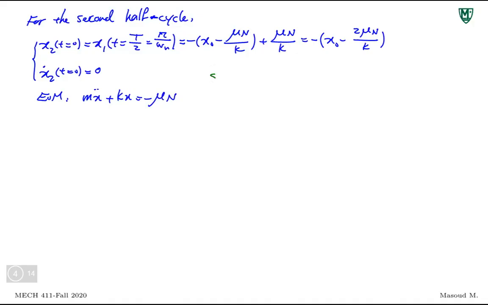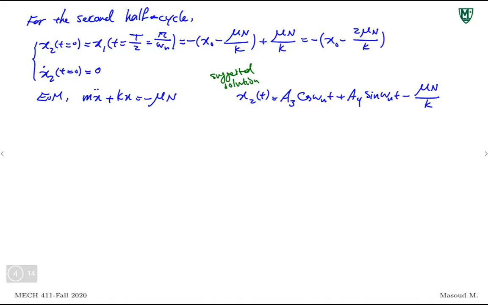Now again, the suggested solution for this would be very similar to what we had. I'll call this x2 of t, so it's not confused with the previous system response. These are different constants. So I'll call this A3 cosine omega n t plus A4 sine omega n t. This time the constant becomes minus mu n over k.